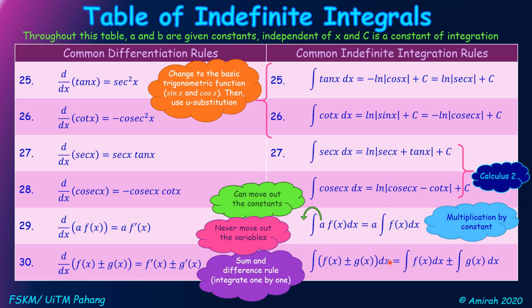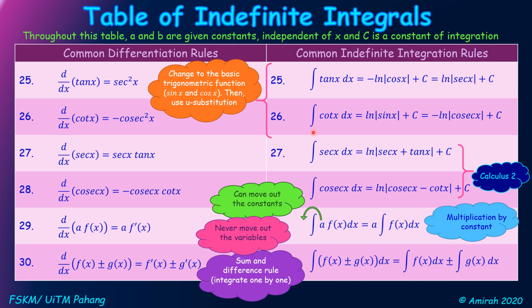When we integrate tangent x, the answer does not equal sec squared x, but we need to change to basic trigo, meaning sine and cos. Then we use u substitution. After that, we will get the answer negative ln cos x plus c, or when we change to the reciprocal function, we have ln sec x plus c.